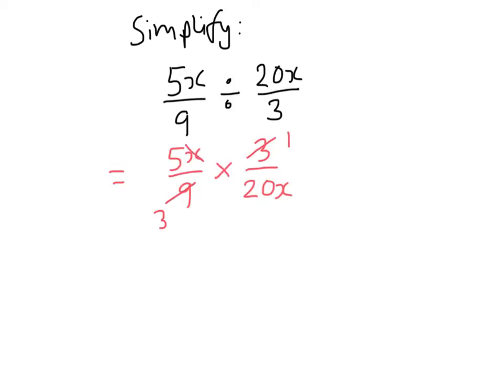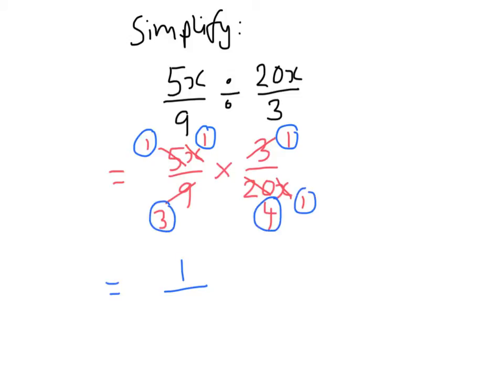X's go into x once, x's go into x once. 5's go into 5 once, and 5's go into 20 4 times. So we've left ourselves with 1 times 1 times 1 on the top, and 3 times 4 times 1, which is 12 on the bottom. So there's our simplified expression.